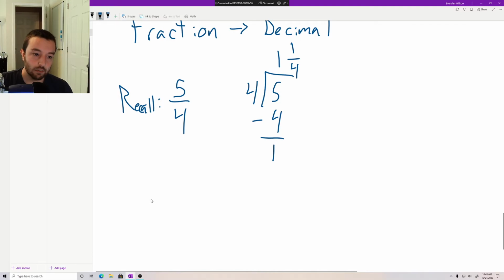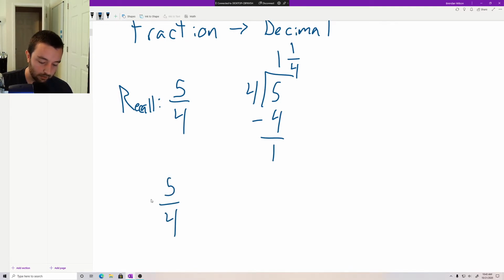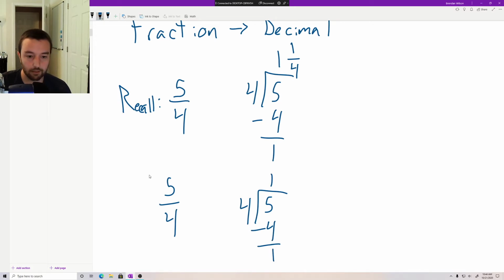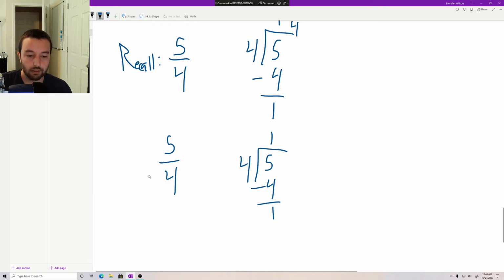With the decimal, we start the same way. Okay, so we do 5 divided by 4, and we start by doing the long division. The difference is what we do when we get here. Okay, when we don't want it to be a mixed number, we want to convert this to a decimal.